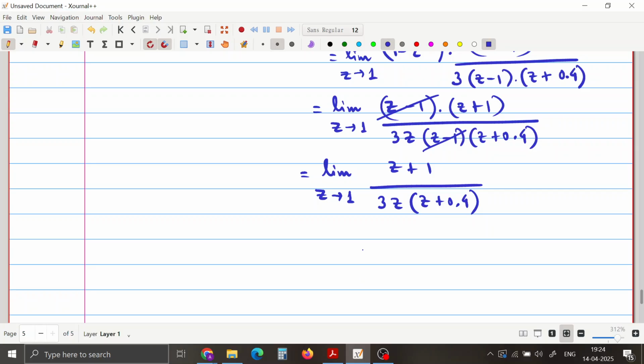and now I can directly substitute the limiting value, which is z equals 1.